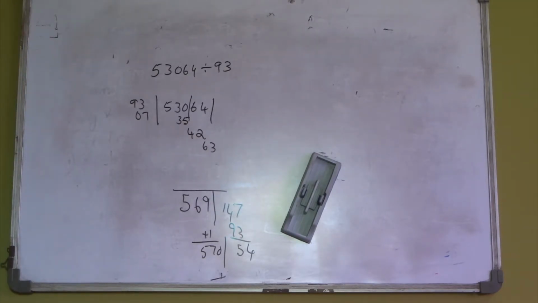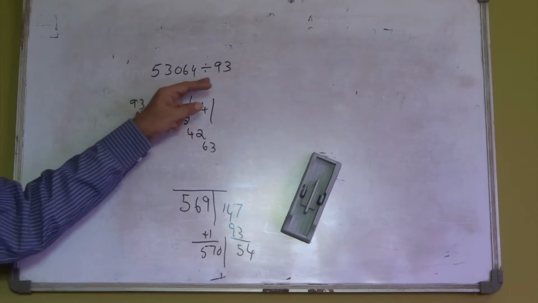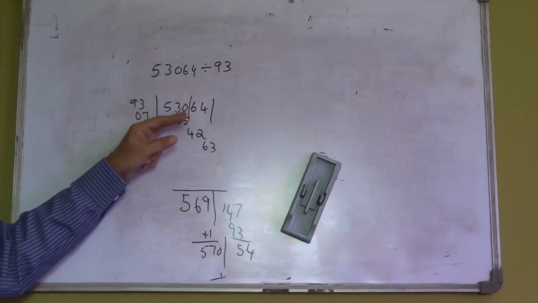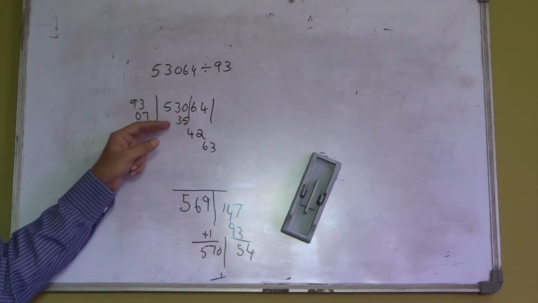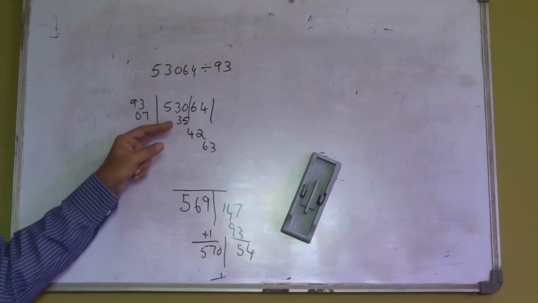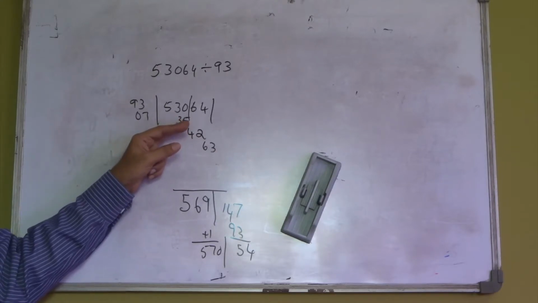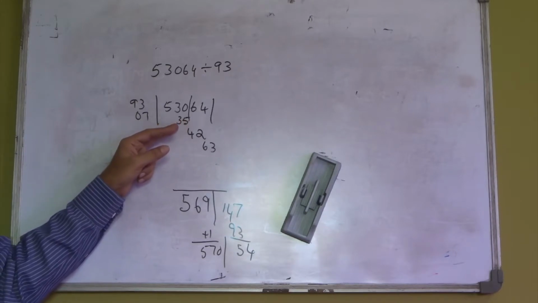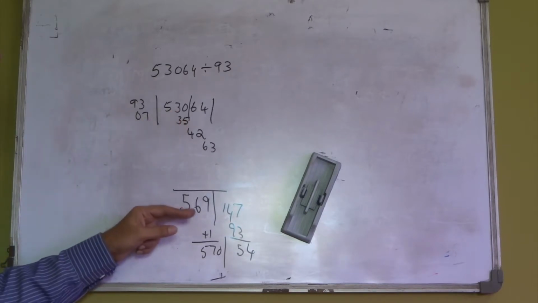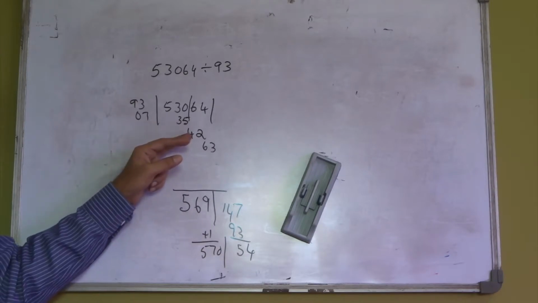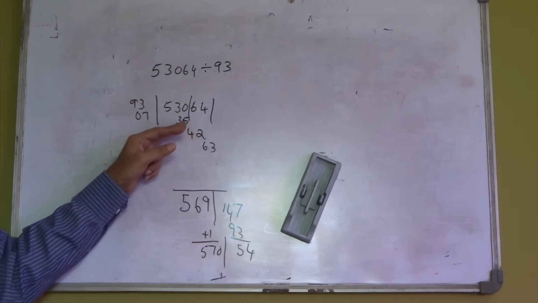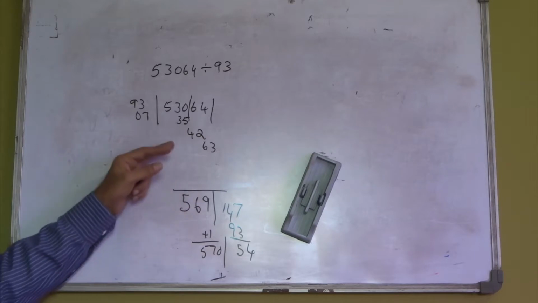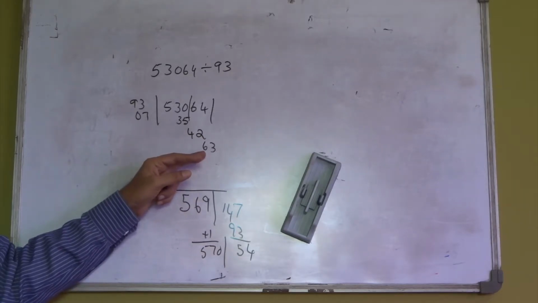I will tell you once again: 53,064 divided by 93, two digits. First number is 5, 5 by 0, 5 by 7 is 35. So it will come to the earlier one, so 3 plus 3 is 6. Again 6 by 0 is 0, 6 by 7 is 42. 5 plus 4 is 9. 9 by 7 is 63.